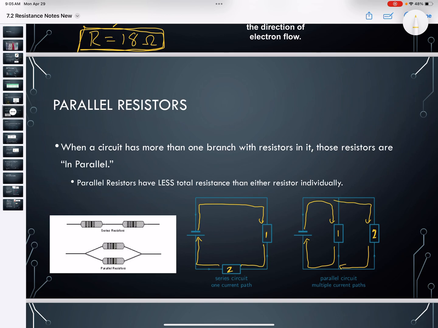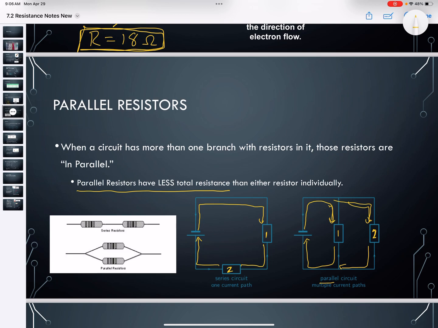So if I have a situation that is in parallel, resistors have less total resistance. If I set up a circuit in parallel, it's going to have less resistance. It's going to be easier for my electricity to move through. Because some of my electricity will go through 1 and some of my electricity is going to go through 2, there's actually less total resistance than me having just 1 resistor.